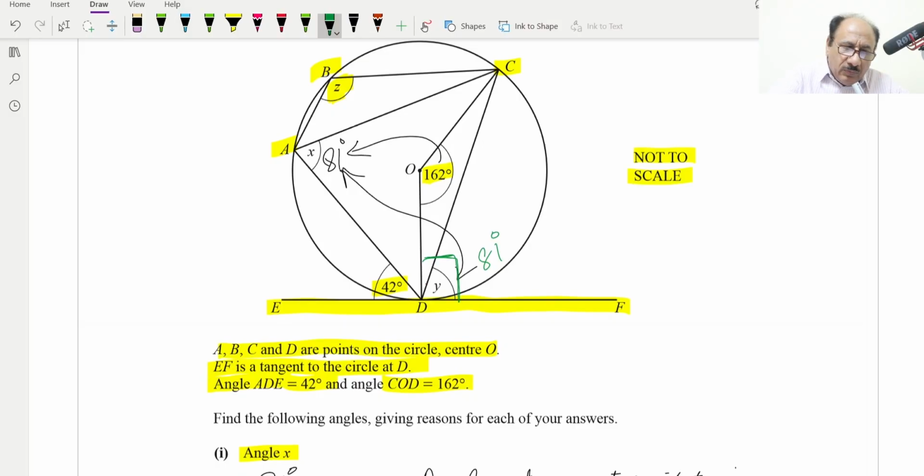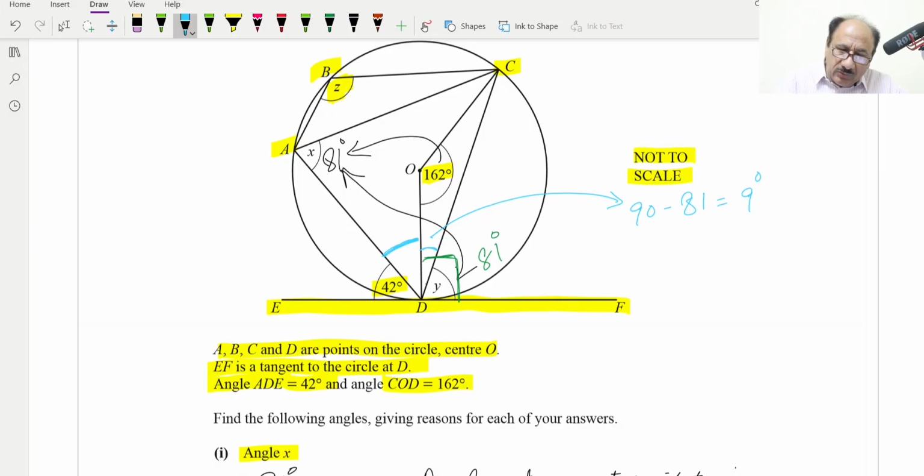So this small angle will be 90 minus 81, which is equal to 9 degrees.